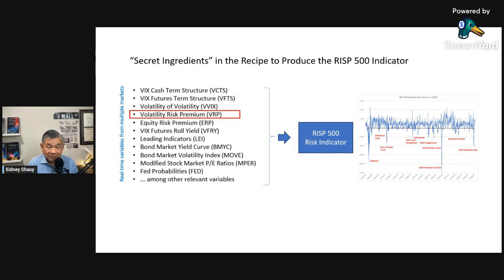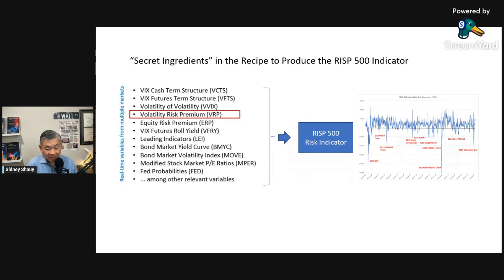Over time, we will notice that some of the variables will gain significance and others may lose significance. We use a lot of statistics and a lot of math in the models, so we do recalibration of the models as well, and some of the variables may drop and some new variables may be added as we see fit.